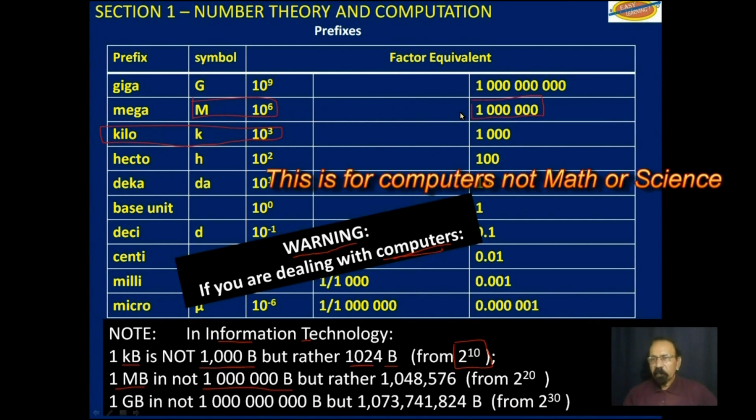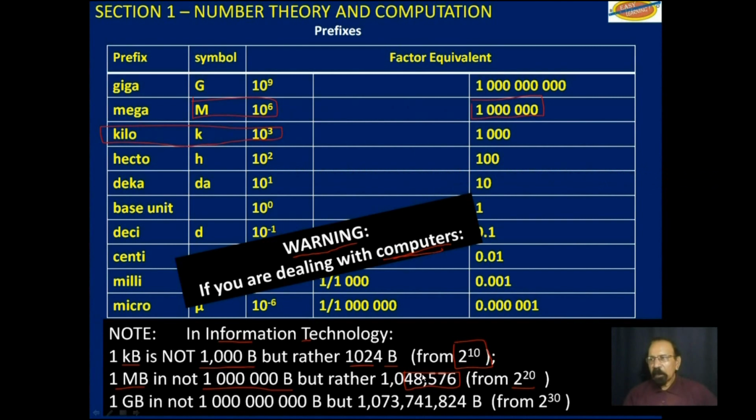It is rather 2 to the 20th power, which is actually this much more than a million. And 1 gigabyte is not 1 billion bytes. It is this much more than 1 billion, because we are using 2 to the 30th power. So just be aware of that.